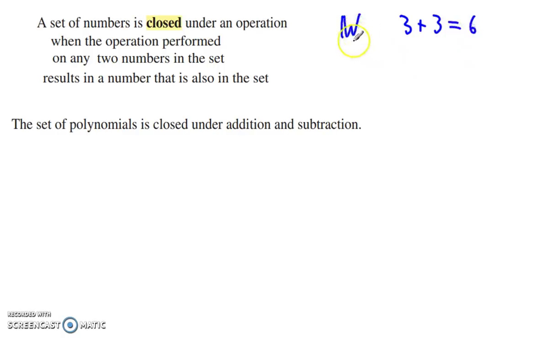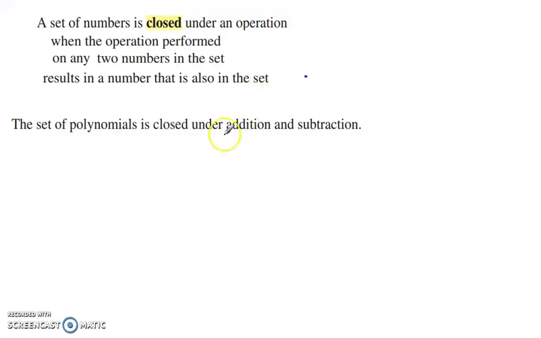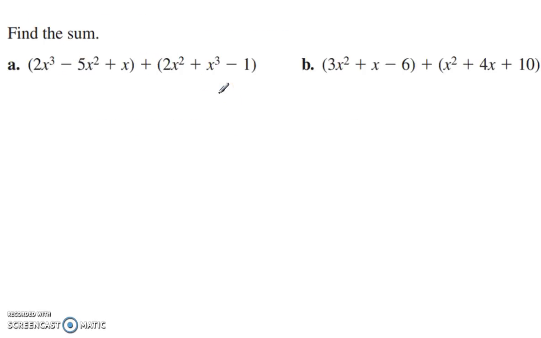But whole numbers is not closed under subtraction, because if you take 3 and you subtract another whole number, 4, 3 minus 4, you would get -1, and that's not a whole number. So it's closed under a certain operation. A set of polynomials is closed under addition and subtraction. That means if you add or subtract polynomials, you get another polynomial.